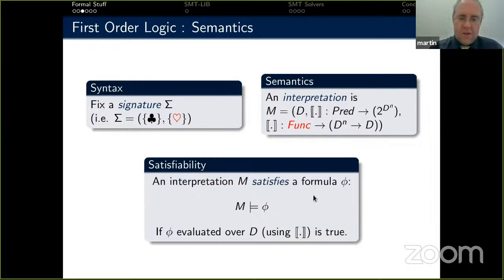So the interpretation map gives you a world to work in, and it gives you a meaning for those symbols. And then we say something is satisfiable if there is a world in which it's true.